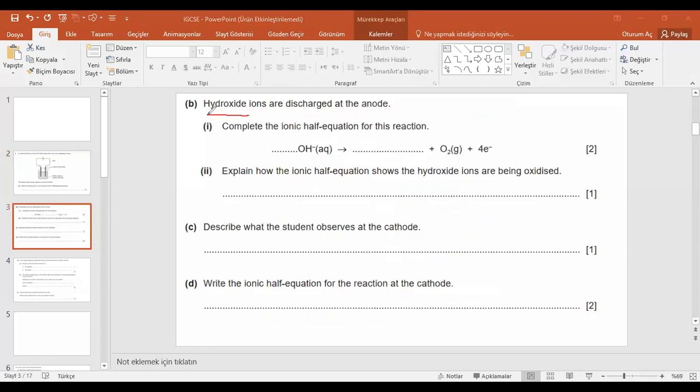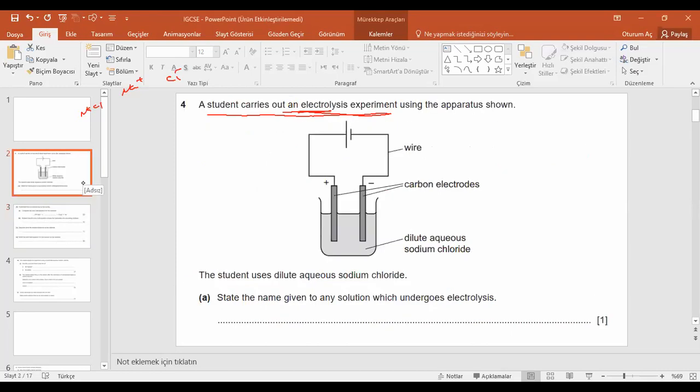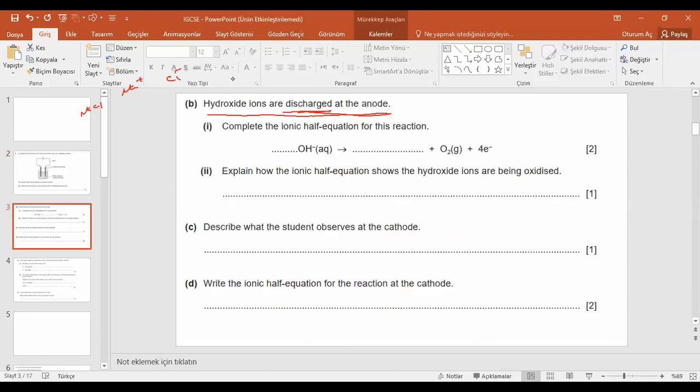They say that hydroxide ions are discharged at the anode. As we said, we have Na+ and Cl- from dilute sodium chloride, and we have H+ and OH-.